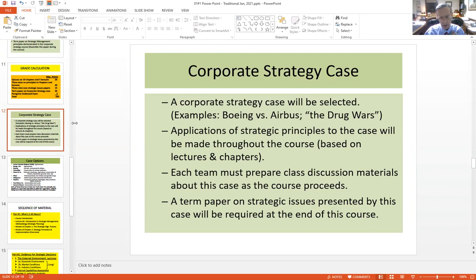In any event, to prepare class discussions on how the economic outlook or the market conditions or industry conditions or capabilities requirements are present in a Deere subsidiary, perhaps the agricultural division, your team has to gather this information and we'll discuss it during one of the classes each week. And then the term paper I've already discussed.